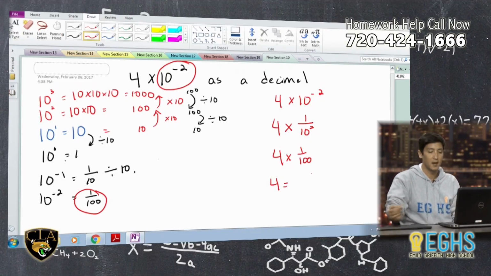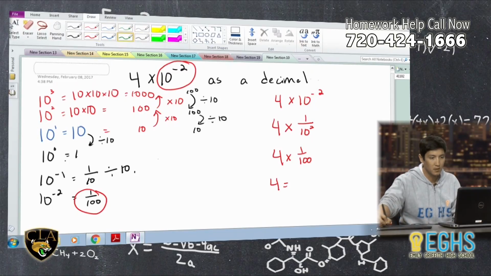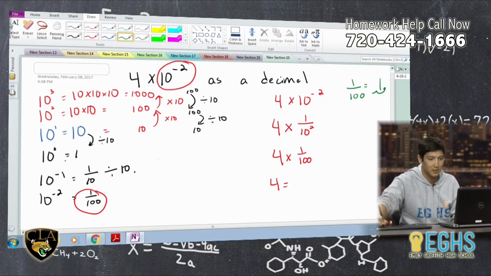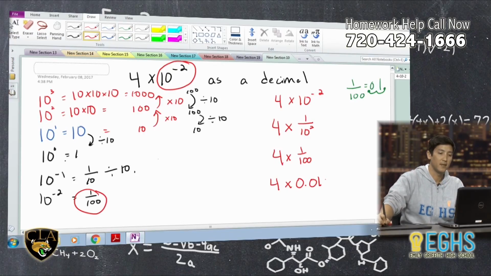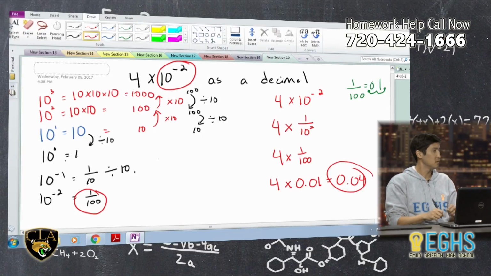You could plug it in your calculator, or you could remember the shortcut: anytime I divide something by 100, I take the number 1, look at where the decimal place is, and move it 2 places to the left, and then fill in the gap with a 0. So this becomes 4 times 0.01, and that becomes 0.04 as a decimal.